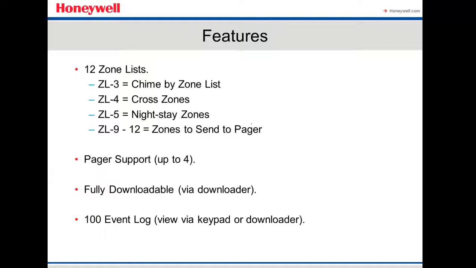There are 2 ways to connect: either by the analog phone line, in which case you have to use another device, the modem, which is also sold by Honeywell, or you can use the different communicators, the IP communicators or the GPS communicators.